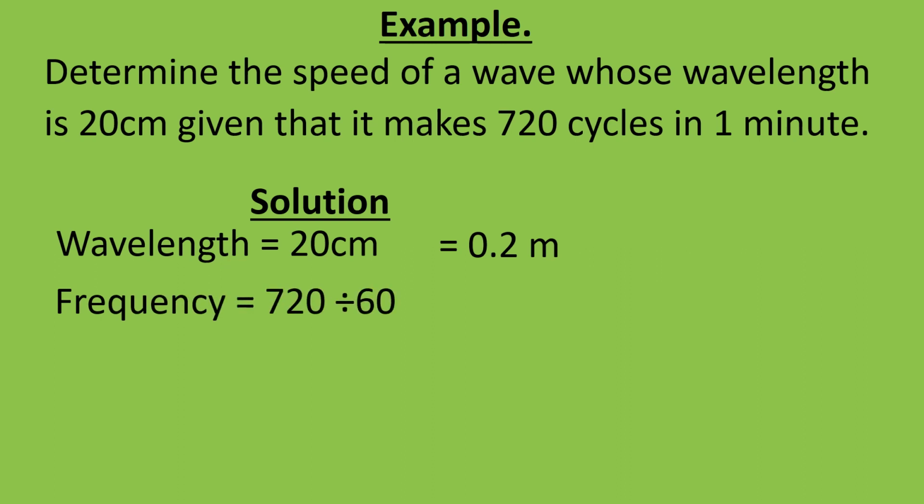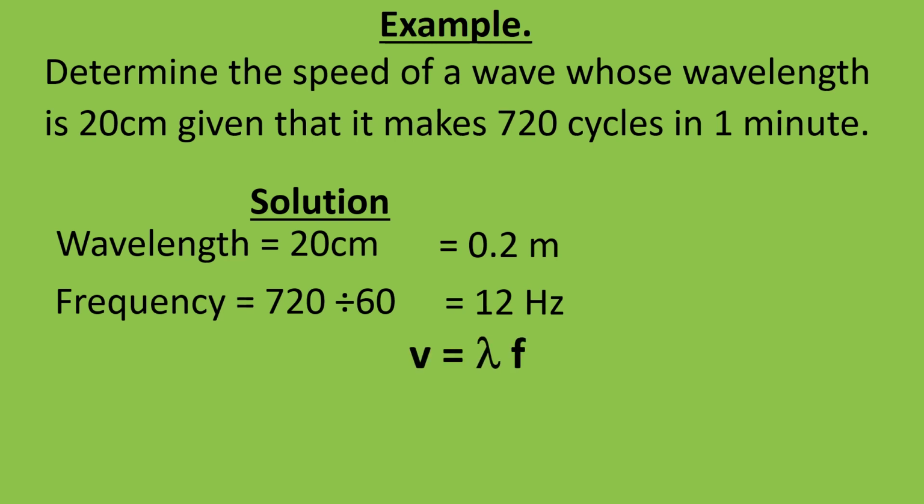The frequency is equal to 720 divided by 60, because we are told that it makes 720 cycles in 1 minute, whereas 1 minute is 60 seconds. So 720 divided by 60 will give us 12 hertz as our frequency.